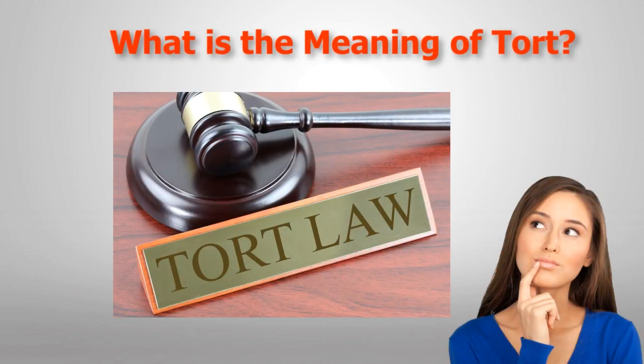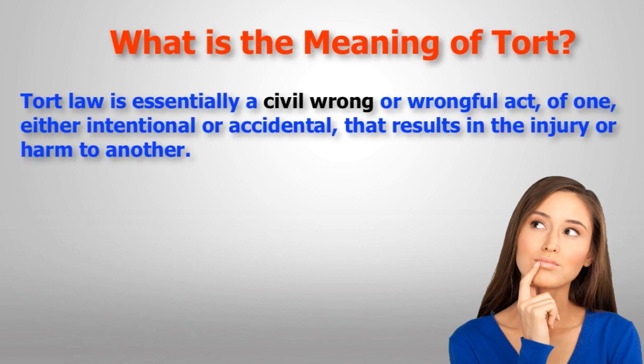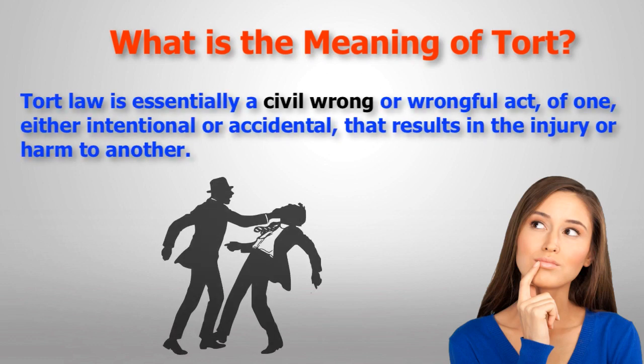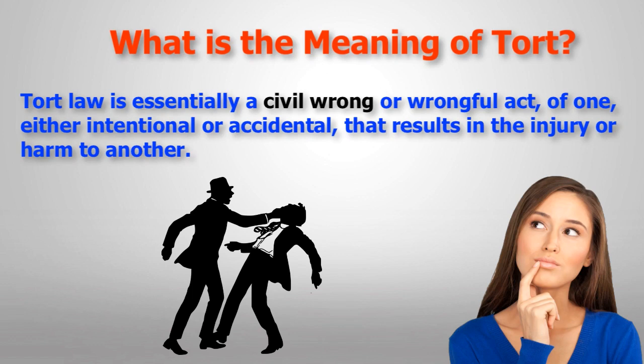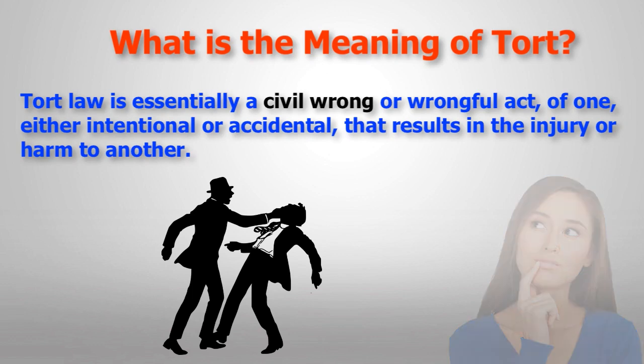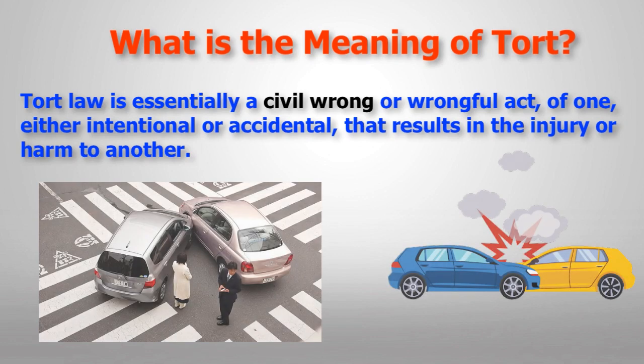What does tort mean? Basically, tort means civil wrong as defined here. Tort law is essentially a civil wrong or wrongful act of one, either intentional, now pay attention, it could be either intentional, accidental, or a negligent act. Whatever it is, tort results in injury or harm to another.